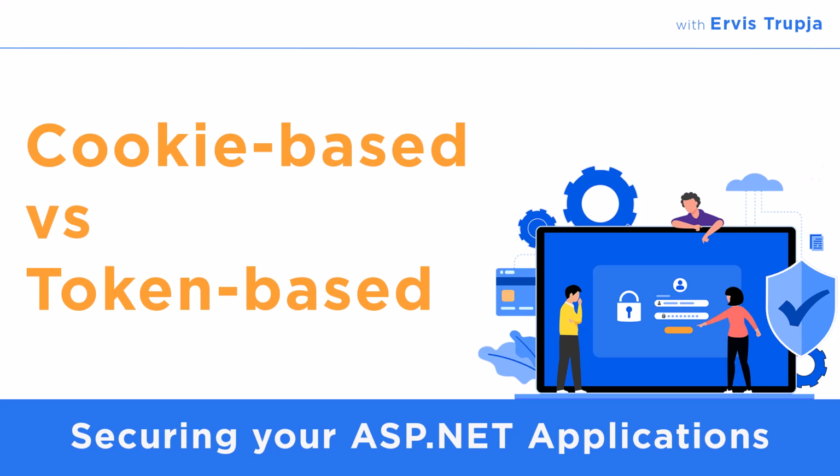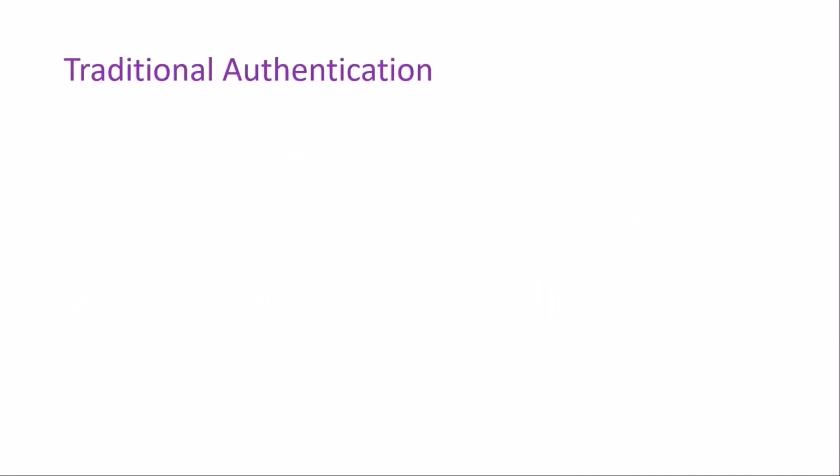But what are the main differences between the traditional and the token-based authentication? The traditional authentication is also known as cookie-based authentication or even server-based authentication because a session is securely created by the server and stored in the server's memory.